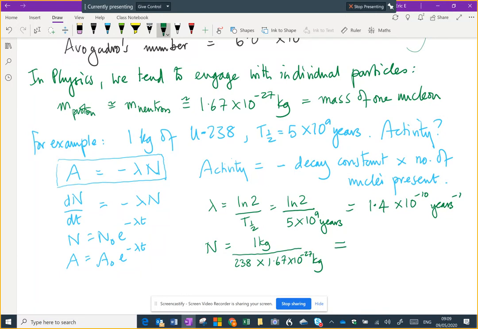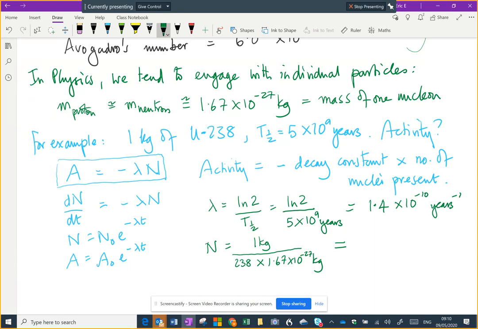I haven't mentioned anything to do with moles. I've just said, look, there are 238 nucleons in uranium-238. That's what the number means. Yes, it's known as the mass number. Yes, it's the total number of protons and neutrons. But what it tells us is the mass of one nucleus is 238 times 1.67 times 10 to the minus 27.